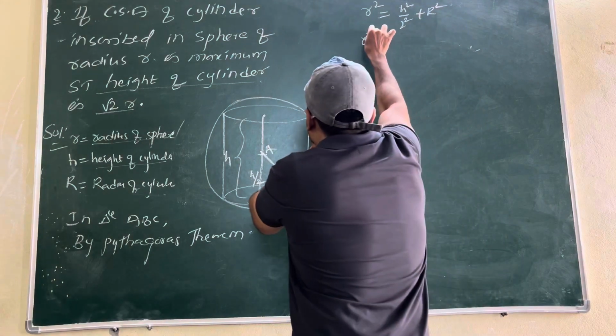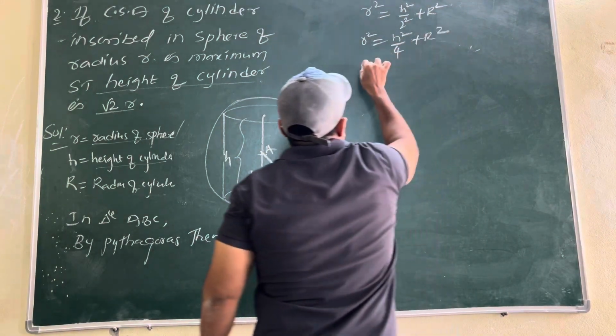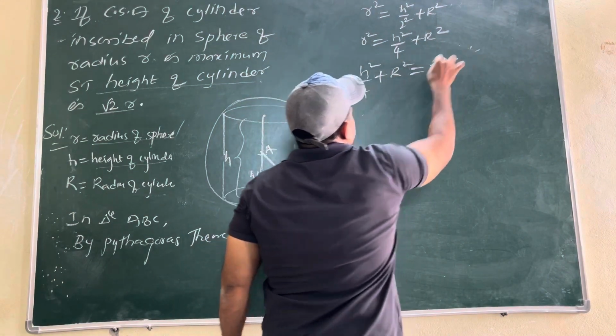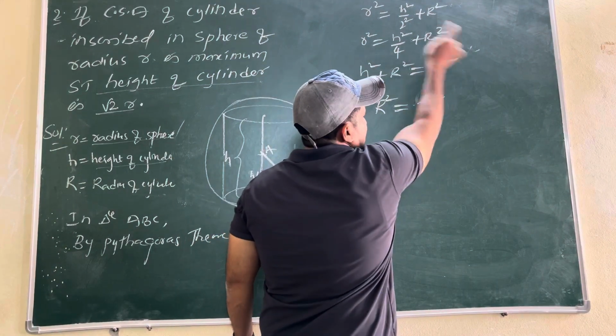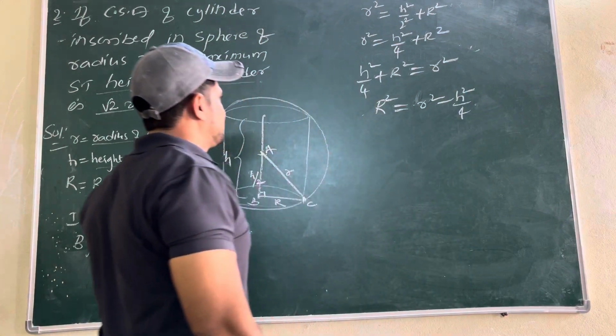So this will be small r square equals h square by 4 plus capital R square. We can write in reverse form by swapping the sides. Then capital R square on the left side, and this term we have to send to the right side.